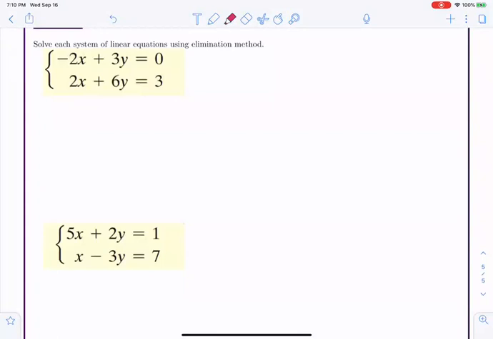So here we have a system in the first problem, which is negative 2x plus 3y equals 0, and 2x plus 6y equals 3. I've got to do something to these two equations so that I can eliminate one of the two variables.